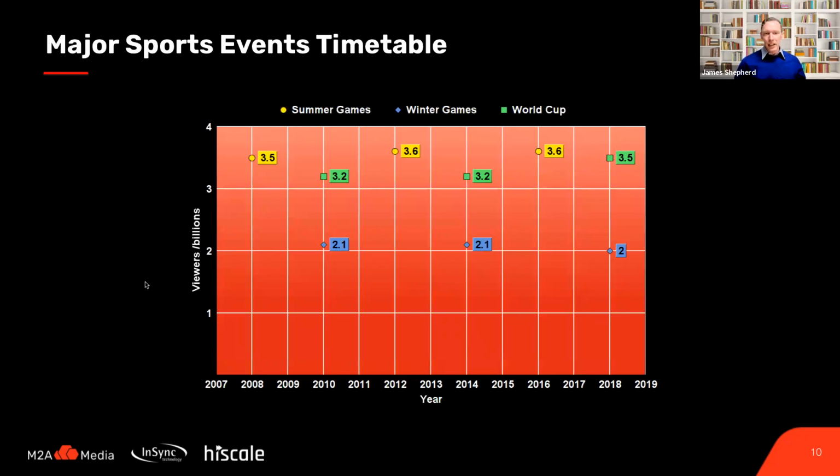So this slide is illustrating the top 3 premium sports events in the world, namely the Summer and Winter Games and the World Cup. Now, these events attract the highest global viewing figures of any form of television, the figures here being given in billions. And we can see the pattern of distribution on 2- and 4-year cycles. But these events last just a few weeks.